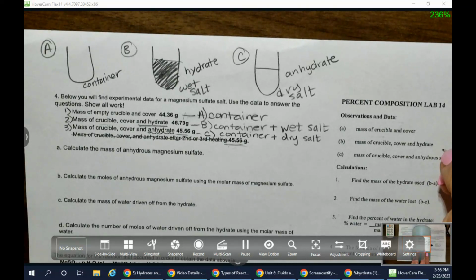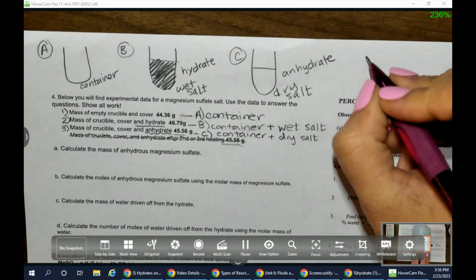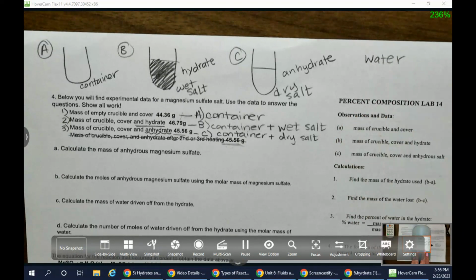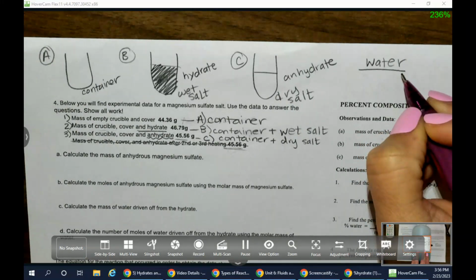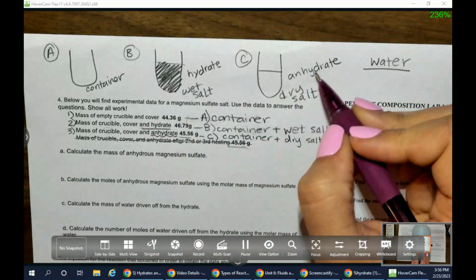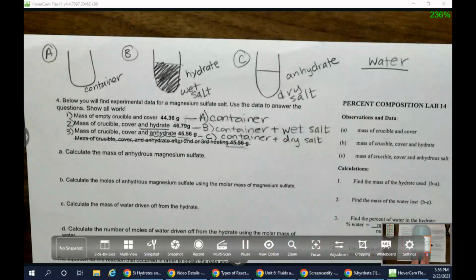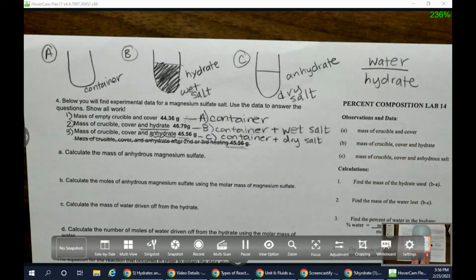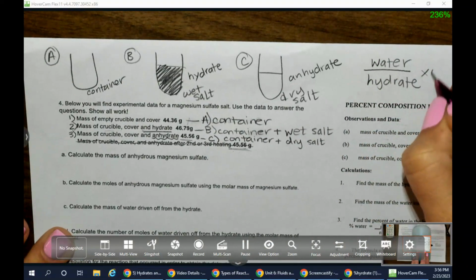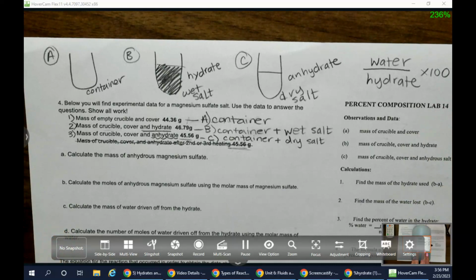Just what is it technically? It's part over whole, so what's the part? Water. Divided by? Total mass. What word would we use, the anhydrate or the hydrate? The hydrate. Good. So the total mass of that times 100, right? It's still going to be water divided by hydrate.